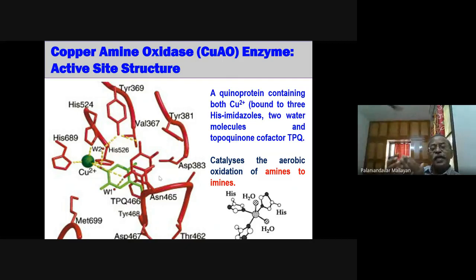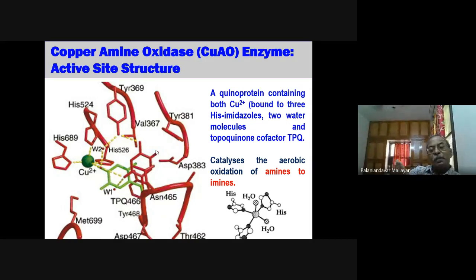People believe there is a mechanism by which this particular moiety, you notice the topaquinone moiety, is co-assembled with this center. This is derived from tyrosine. I'm sorry, it's derived from an amine. So even this amine itself is oxidized by this copper, converted to quinone.